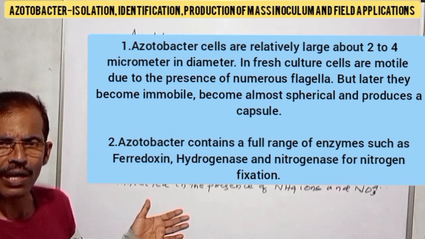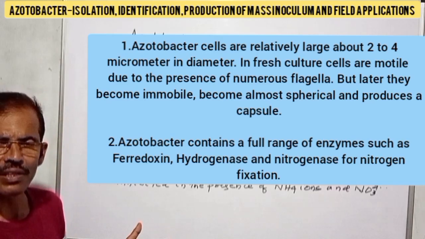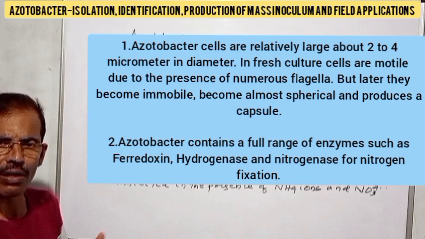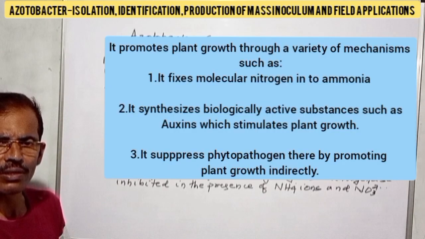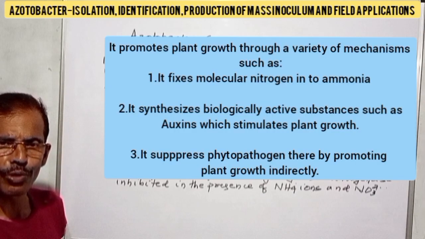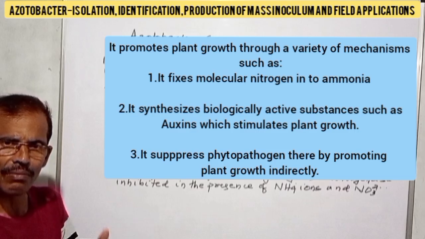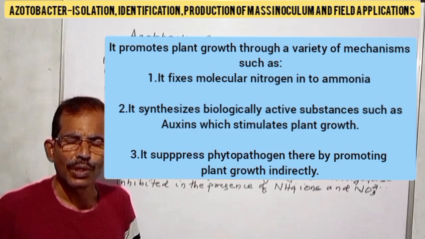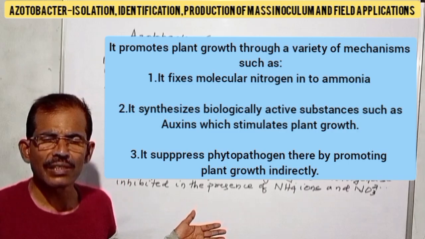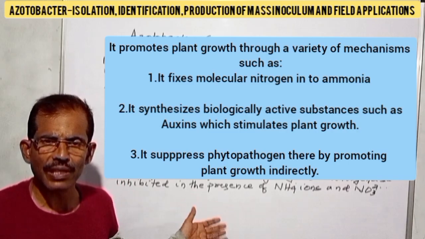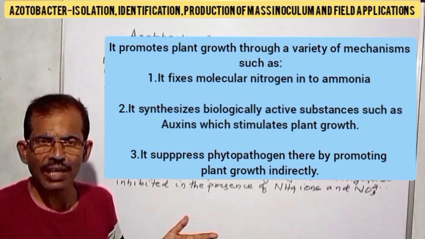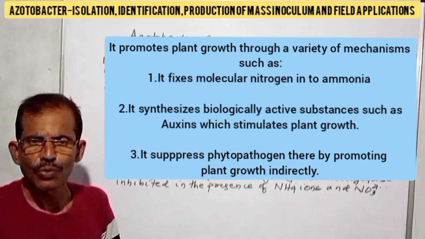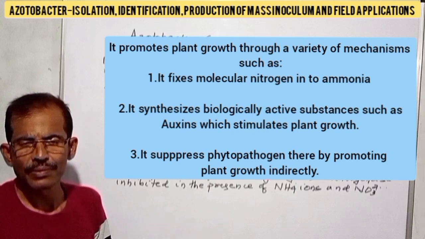Azotobacter promotes plant growth through a variety of mechanisms. Number 1, it fixes molecular nitrogen into ammonia, thereby making it available to the plants. Number 2, it also synthesizes biologically active substances, for example, some auxins, which stimulate plant growth.